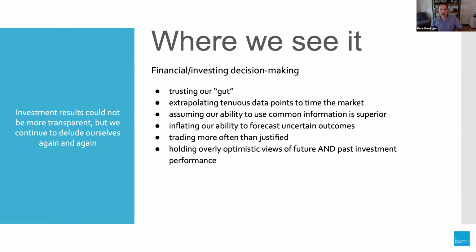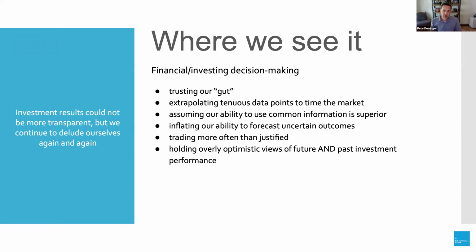We have a tendency to take what are pretty tenuous data points and use that as a way to justify timing the market, why we think that the market's going to go up or down next year or how much. It causes us to assume that the information that we have about the market or about a company is not available to all the other market participants.